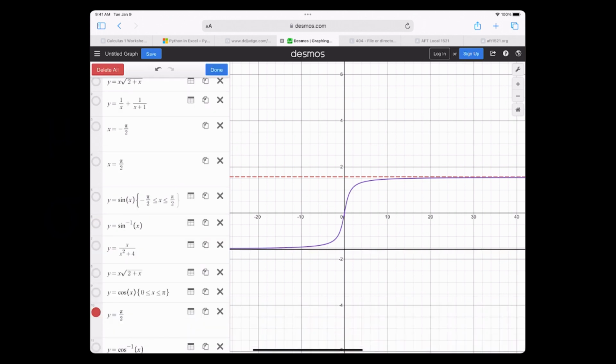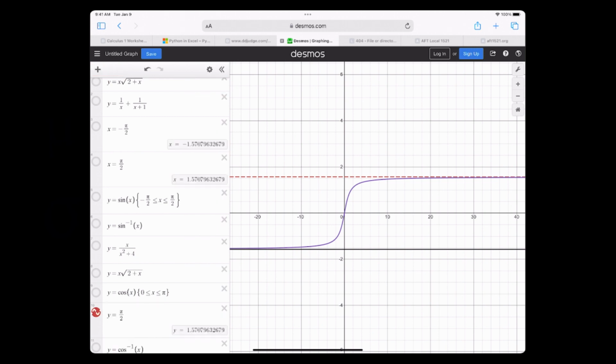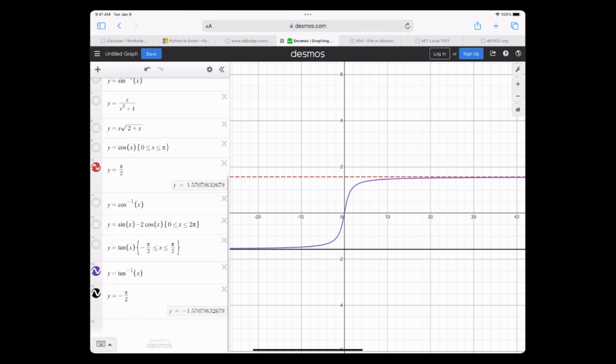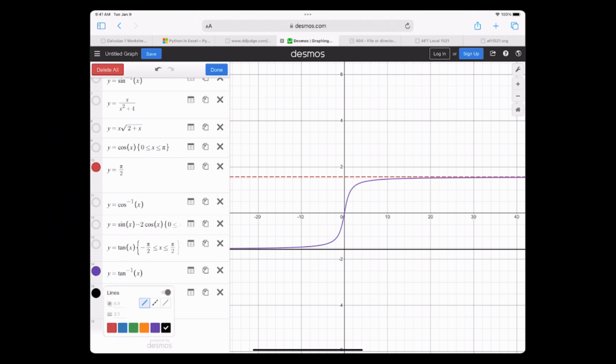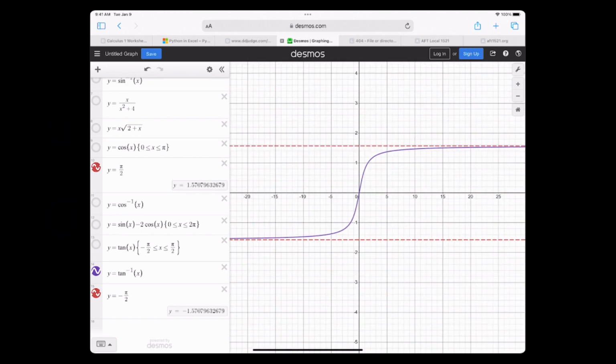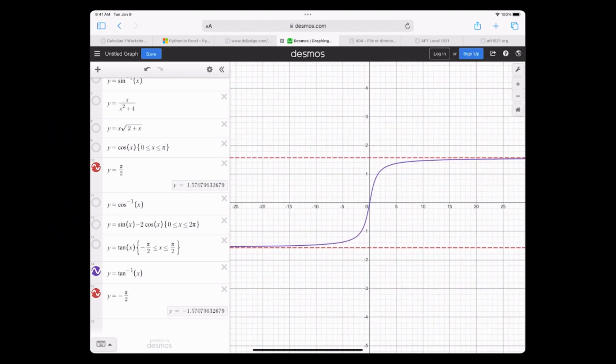Let's color it red. Okay, so here's what I want to say to you guys. The vertical asymptotes now became what? Horizontal asymptotes. And that's because it's reflected about that line y is x again.